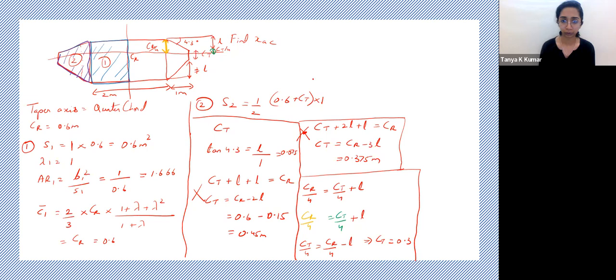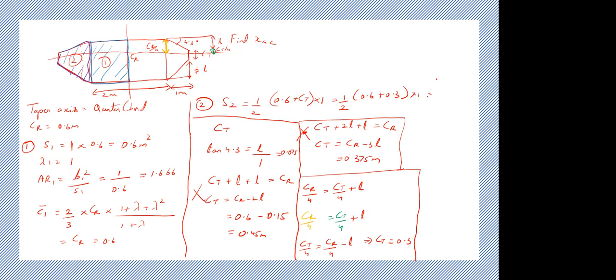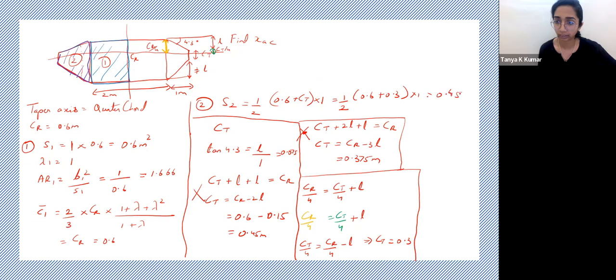Okay. So let's substitute that value here. It will be 1 by 2 into 0.6 plus 0.3 into 1. What is this value? 0.45 meter square. Okay. So let's move ahead. What is the next value?